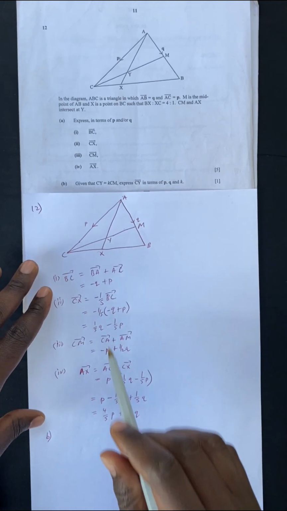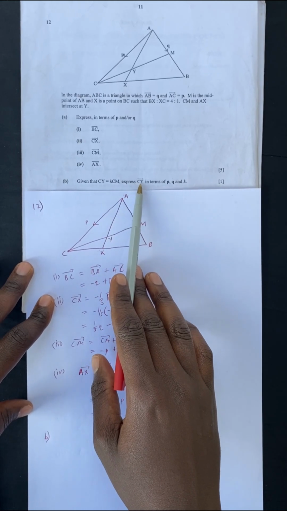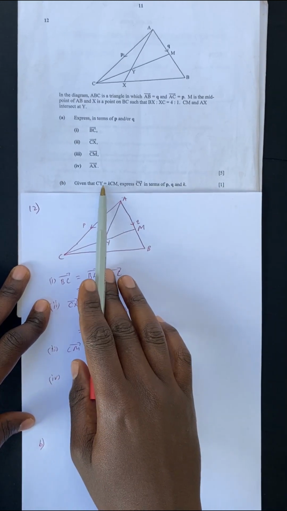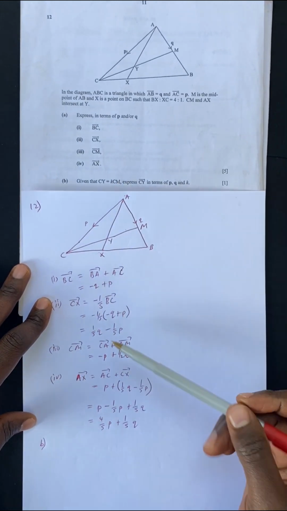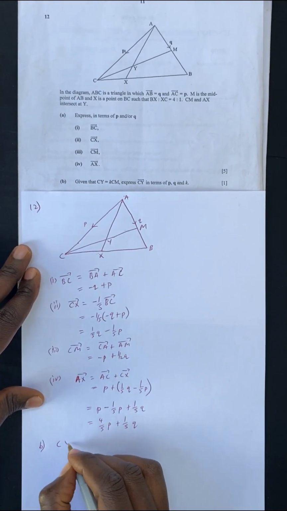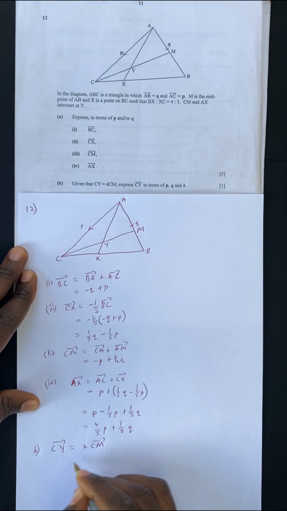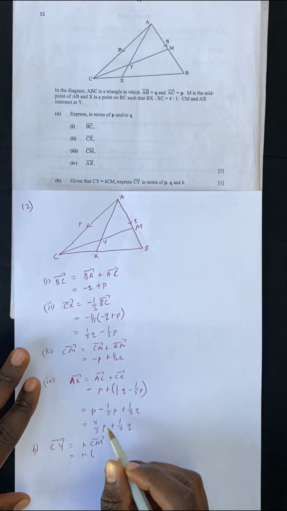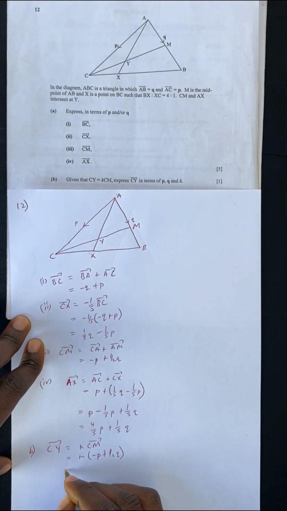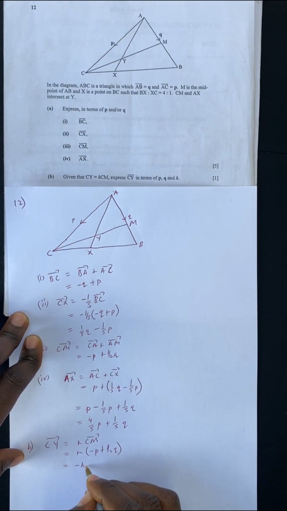So our part B reads, given that CY is equal to KCM, express CY in terms of P, Q, and K. So CY is equal to KCM. We've already calculated CM, so we're just going to say K multiplied by our CM, that is minus P plus half Q. If you expand here, K times minus P is minus KP.